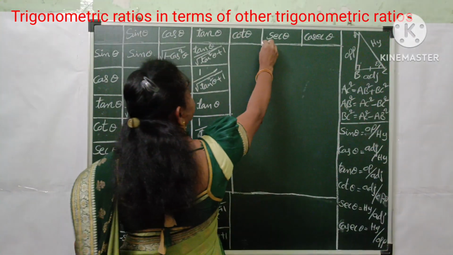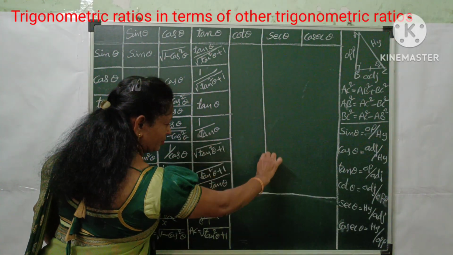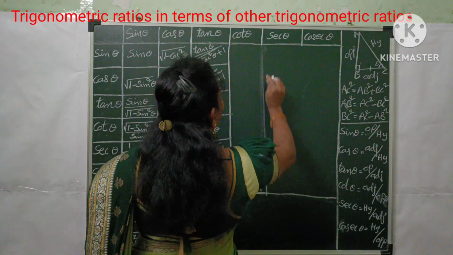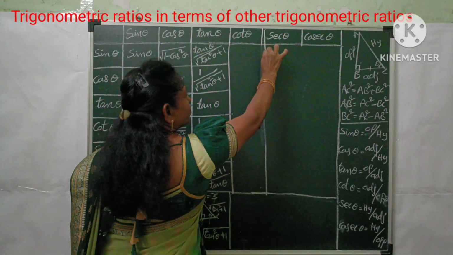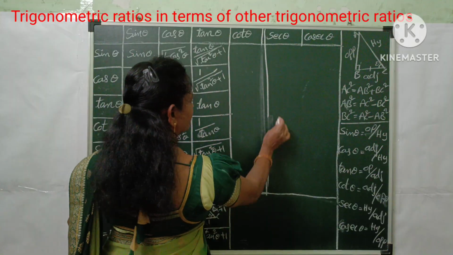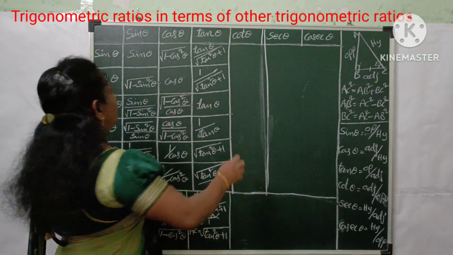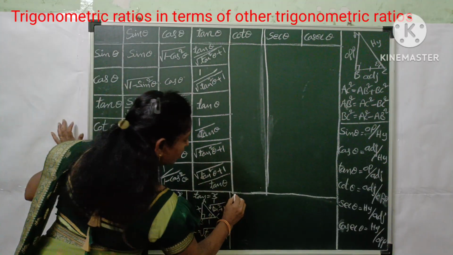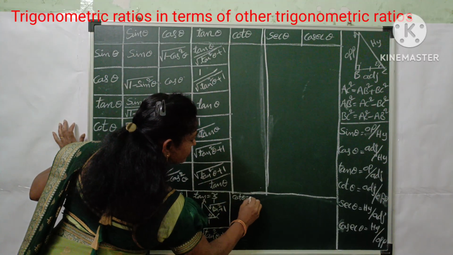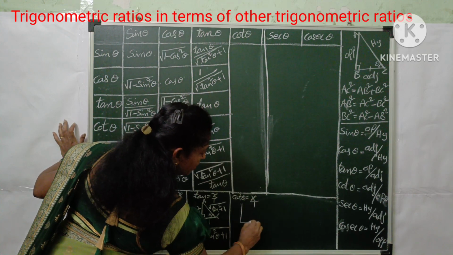Cot theta. So here also cot theta. Now write cot theta. Cot theta means we don't know that, let it be x. So write x by 1 means cot theta.